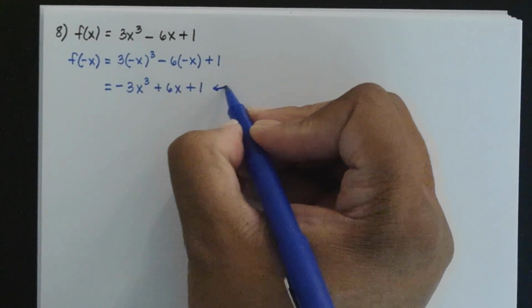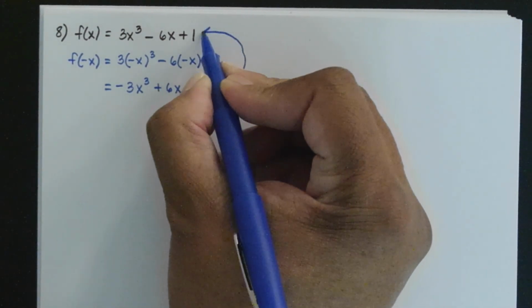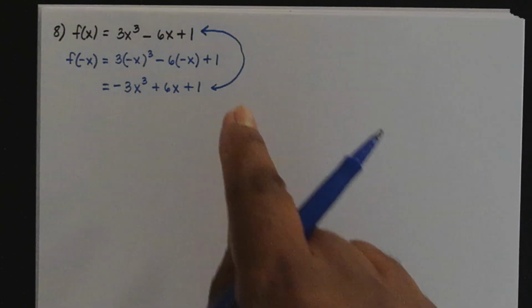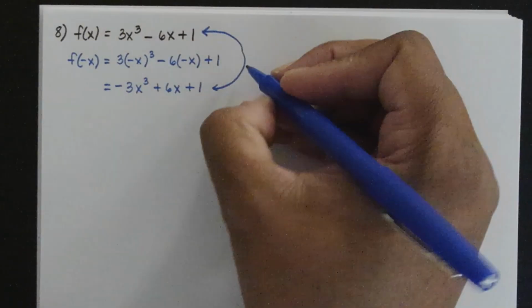Now you're going to compare that to what f of x is. For it to be even, you must get the original function that you started off with after replacing the x with negative x. For it to be odd, every single term in that function must change to the opposite sign. In this case, it's neither, and here's why.